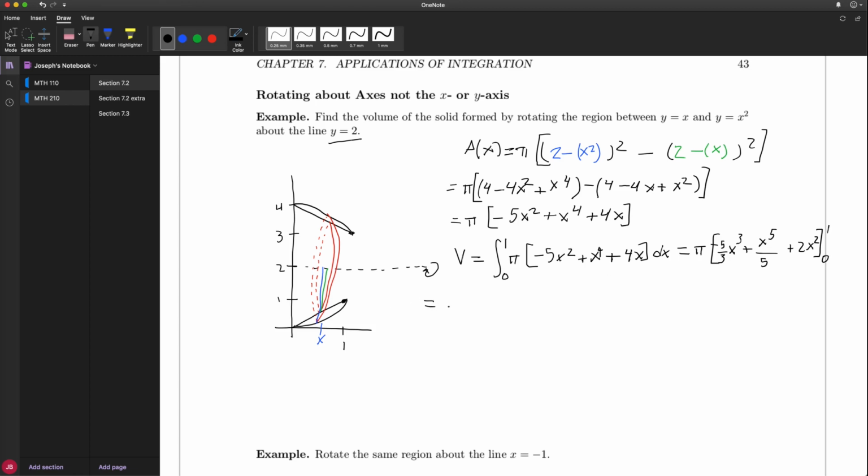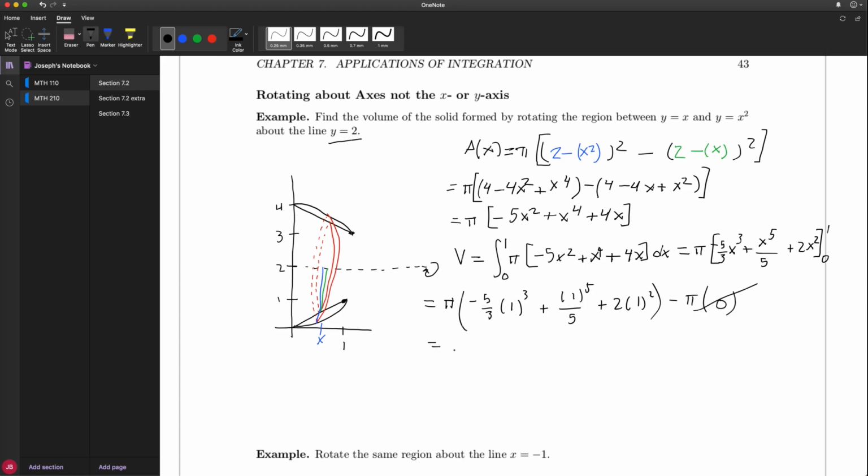What that gives us, when we plug in 1, is pi times parentheses minus 5 over 3 times 1 cubed plus 1 to the 5th over 5 plus 2 times 1 squared. If we plug in 0, we can all agree that all of that goes away.